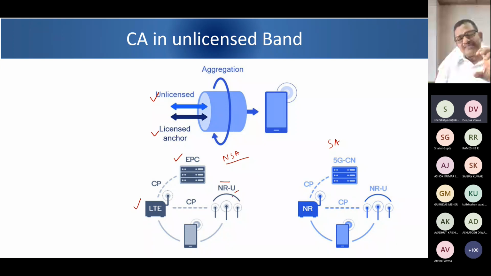So in this example, the anchor BTS is LTE and the secondary BTS is your 5G BTS working on unlicensed. The device can connect to LTE as well as the new radio and can use the dual connectivity concept and double the data. Or if it is very near to NRU, it can connect to NRU and utilize the 5G data. So this is the concept of carrier aggregation in unlicensed band.